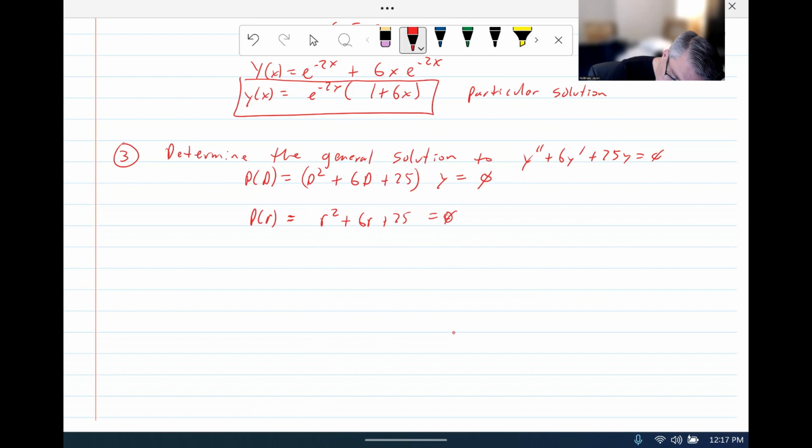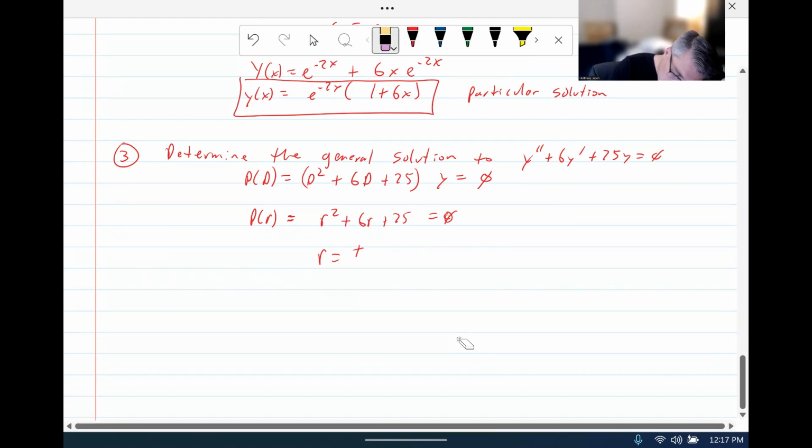Okay, and so this is not factored. So I have to use the quadratic formula. r equals negative 6 plus or minus the square root of 6 squared minus 4 times 1 times 25, all over 2 times 1.